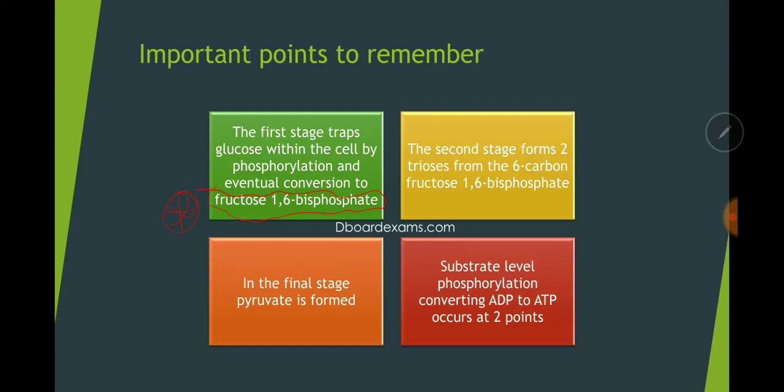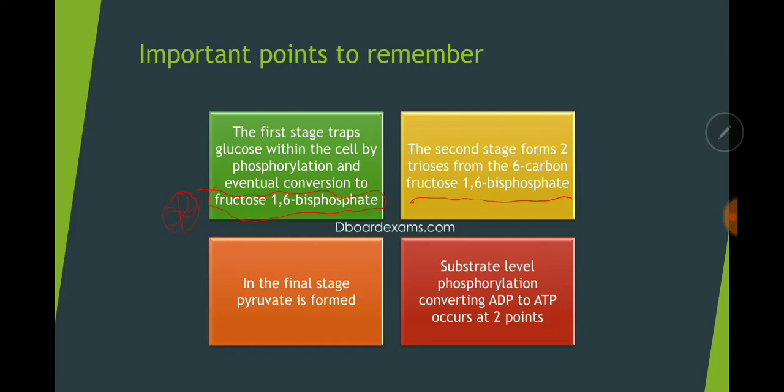The second stage of glycolysis forms 2 trios, meaning 2 three-carbon molecules, and this comes from the fructose 1,6-bisphosphate. In the final stage, pyruvate, which is a 3 carbon molecule, is formed. Remember, glycolysis produces 2 molecules of pyruvate.